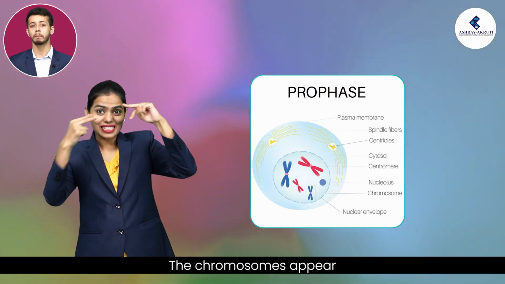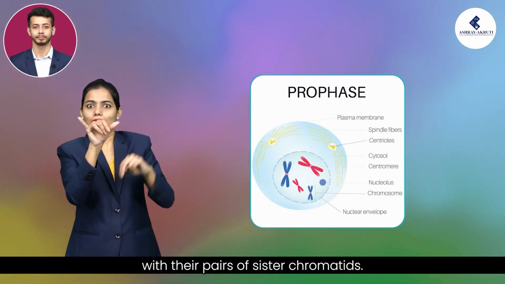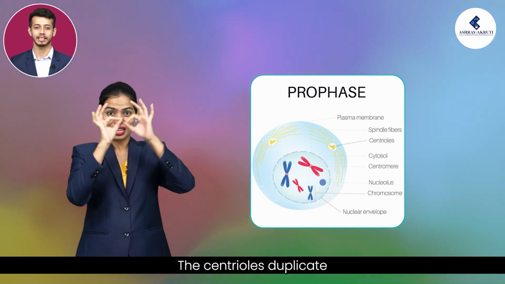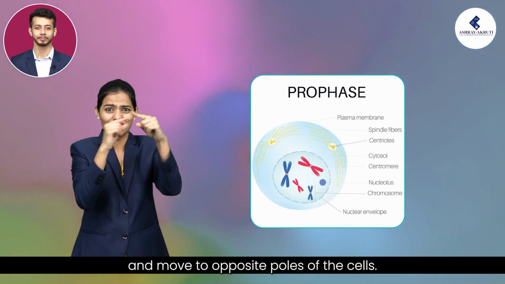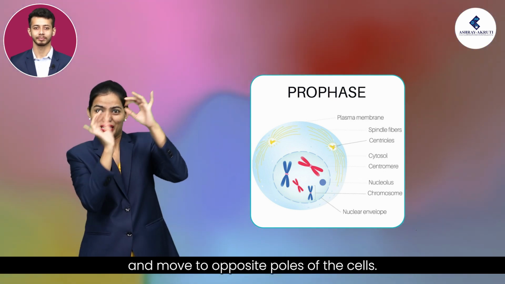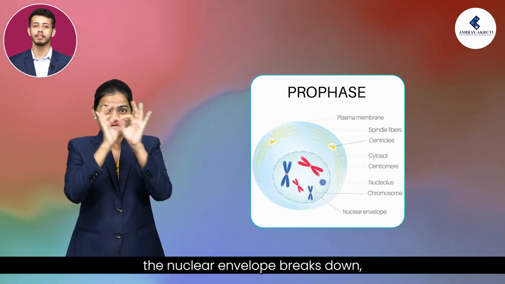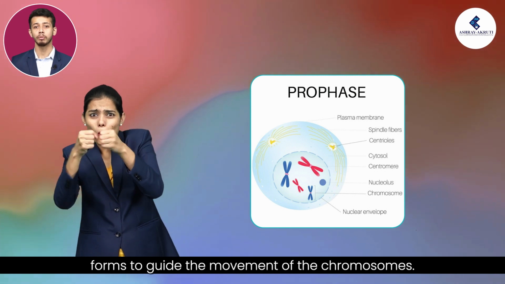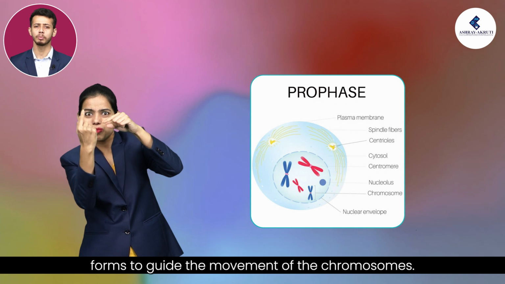The chromosomes appear with their pairs of sister chromatids. The centrioles duplicate and move to opposite poles of the cell. In this stage, the nuclear envelope breaks down and the spindle apparatus forms to guide the movement of the chromosomes.